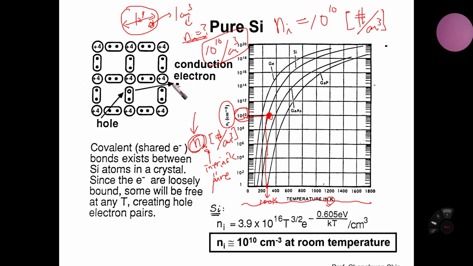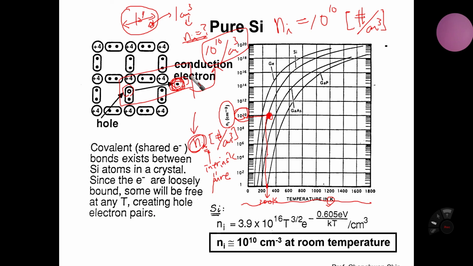So in this two-dimensional bonding model, a single free electron has been drawn and illustrated, and a single hole is illustrated. However, the total number of EHP is up to 10 to the 10 per cubic centimeter.